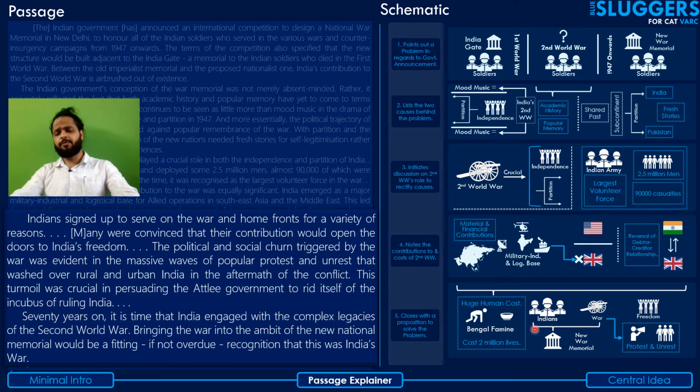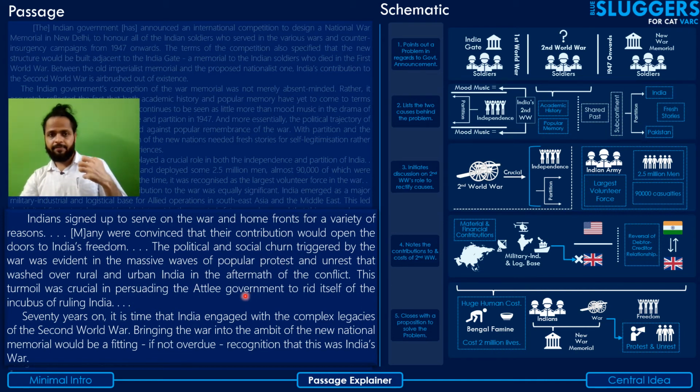Okay, so guys, in the last two paragraphs, what the author first says is he notes that the reason why many Indians signed up to get involved during the Second World War was because they believed that it could contribute to India's freedom. And the same was also demonstrated quite accurately in the aftermath of the war, when the political and social churn triggered by the war was evident, right?